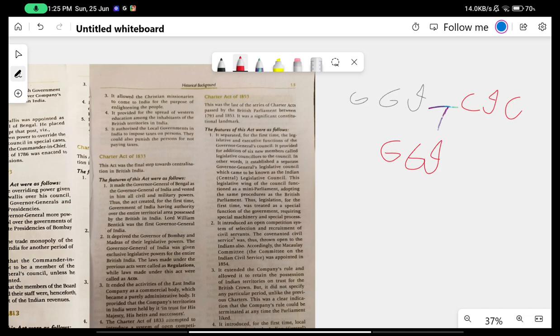Like I told you, Lord Cornwallis had actually similar powers to that of Governor General of India. He was not given the title Governor General of India, but whatever powers Lord Cornwallis had, the Governor General of India would have the same power.